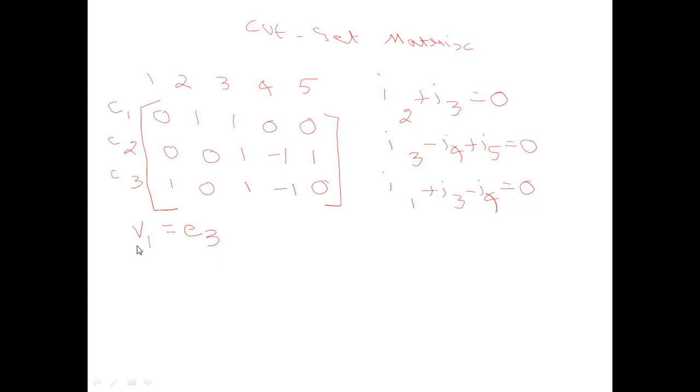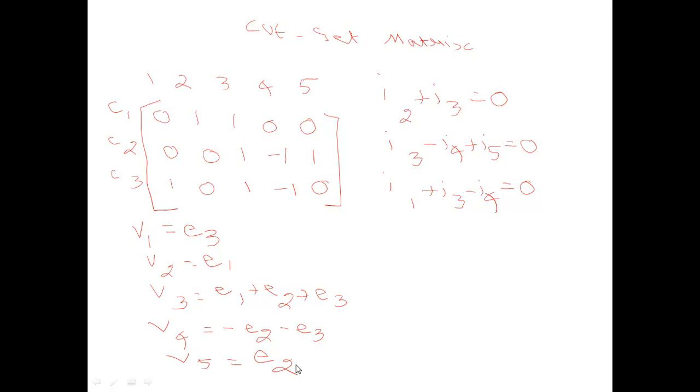Therefore V1 is equal to E3. Similarly V2 is equal to E1 and V3 is equal to E1 plus E2 plus E3. Similarly your V4 is equal to minus E2 minus E3. Your V5 is equal to E2.